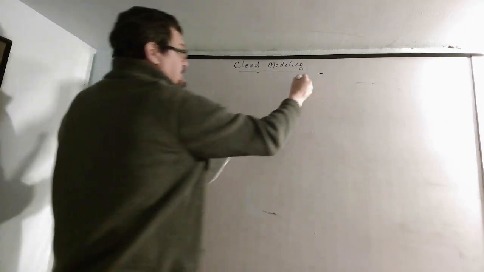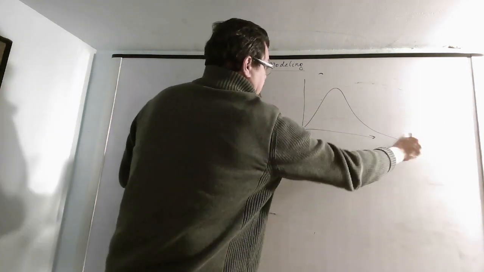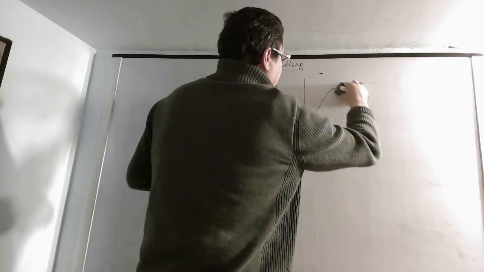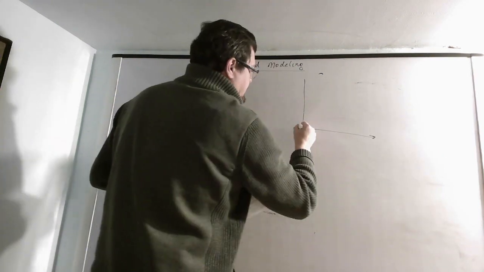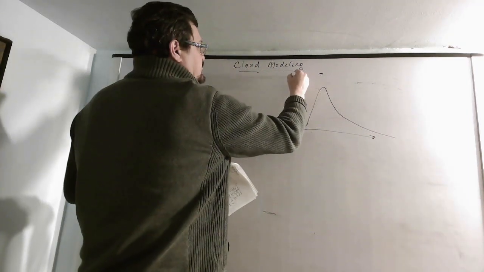It looks like the following. So it looks kind of skewed, maybe not like a bell shape, but like that. So this is gamma distribution.